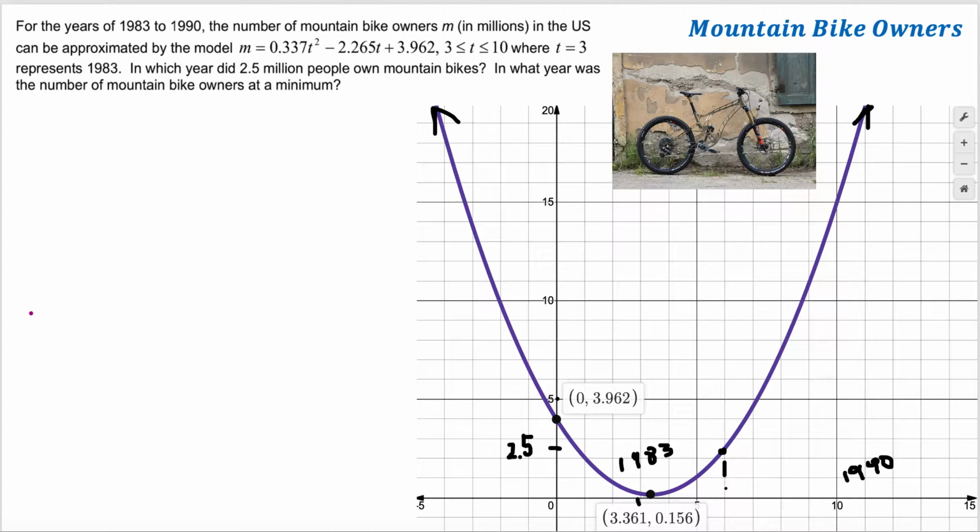If we're going down, it's 83, 84, 85, 86, so it should be around t equals 6.